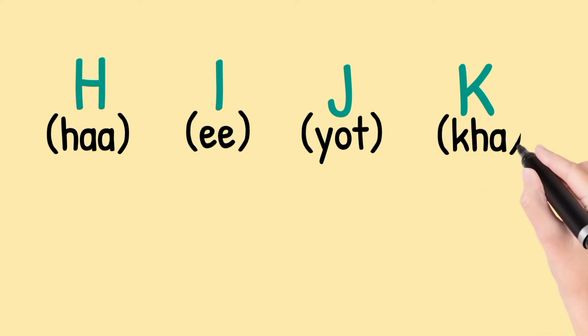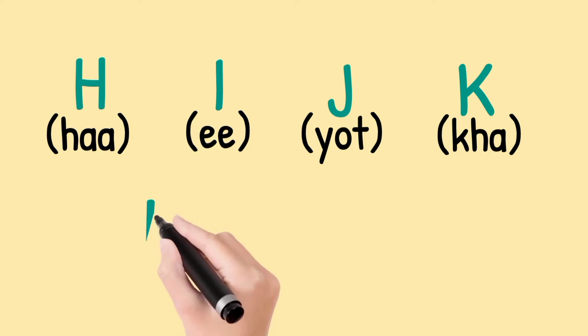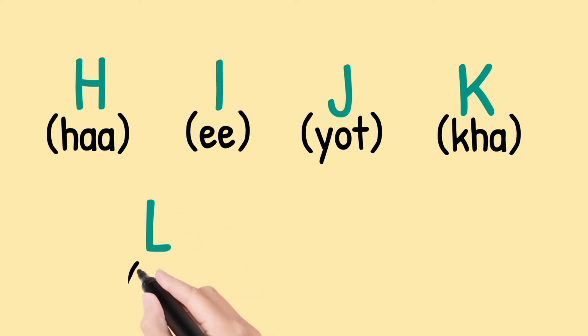Let's learn this letter. It's K. In English it is K, but in German it is ka. The pronunciation is the basic rule of learning anything. Next is L. I also try to explain by writing, so you can also learn by writing.